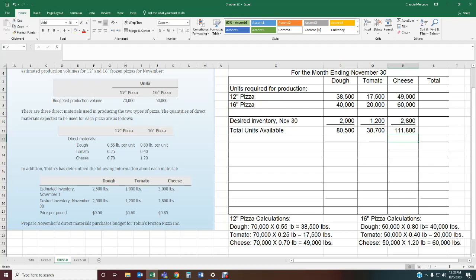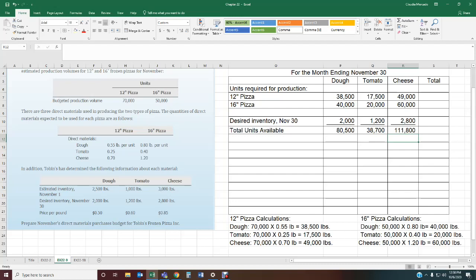Okay. Now, the problem also stated that we have a beginning inventory. We already have some of these materials in our refrigerator. Because we have them in our refrigerator, we don't have to purchase those materials because we already have them available.